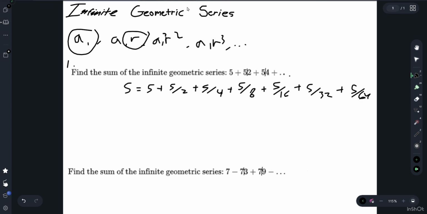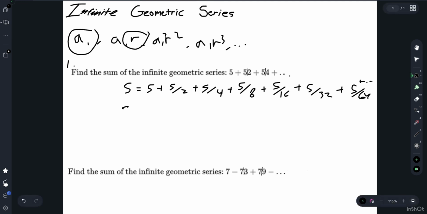Because this goes on forever and ever, what we're trying to do is cancel out some of the terms so that we have something we can actually add together. One way we could do this is to multiply S by the common ratio.